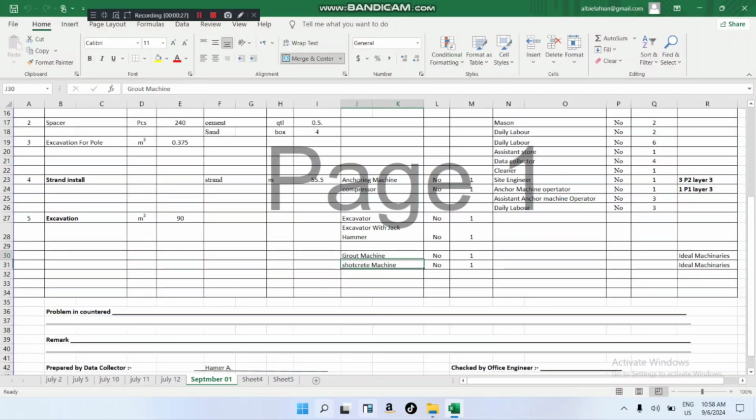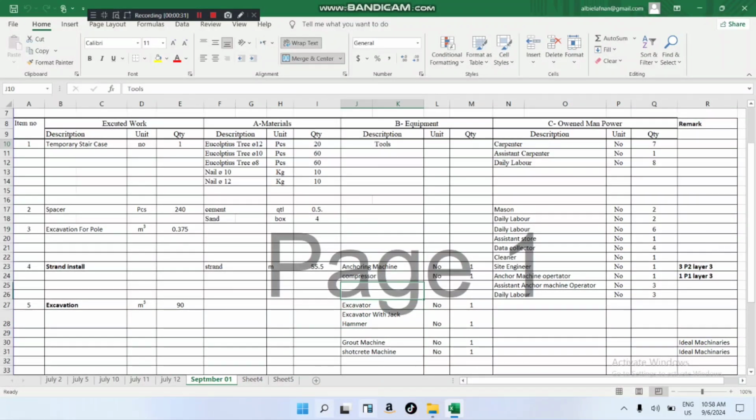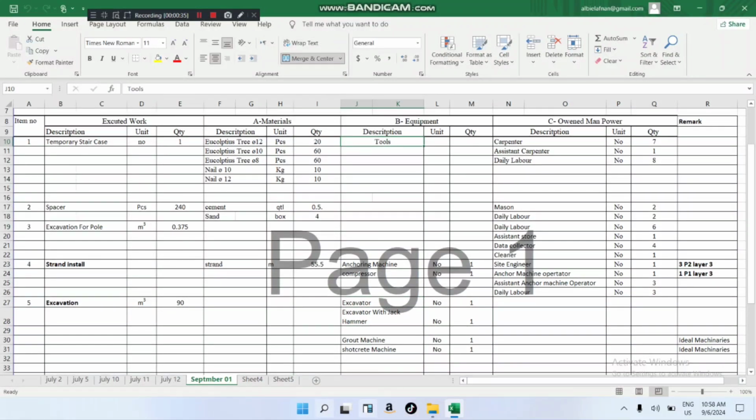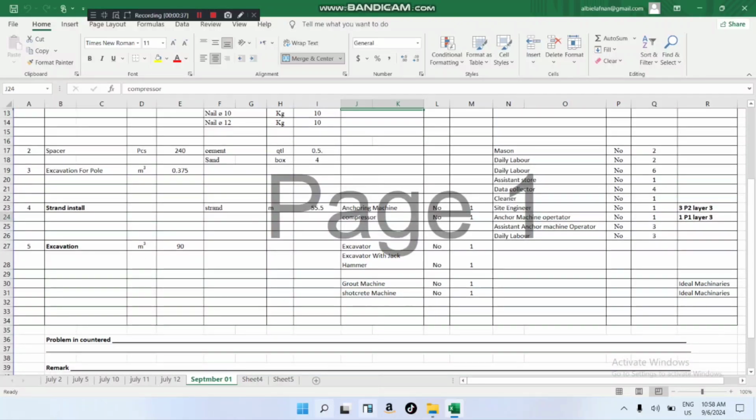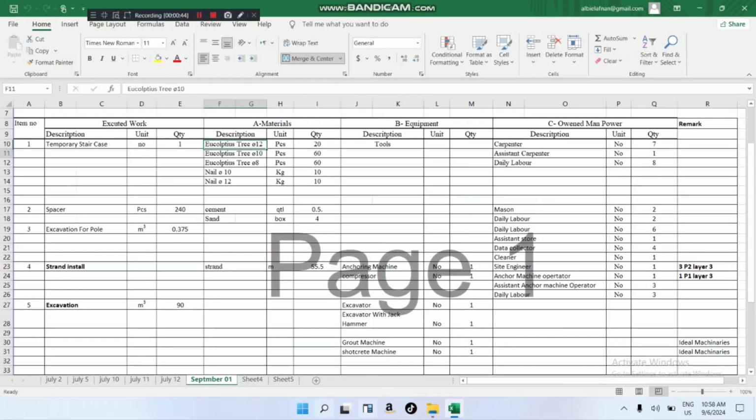They don't have any subcontractor agreement or license or the like. This is the materials. This is the quantity from the project budget.